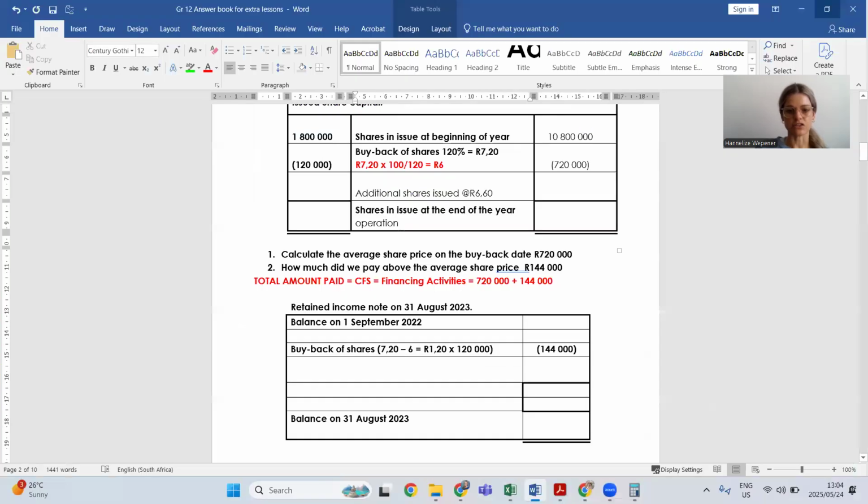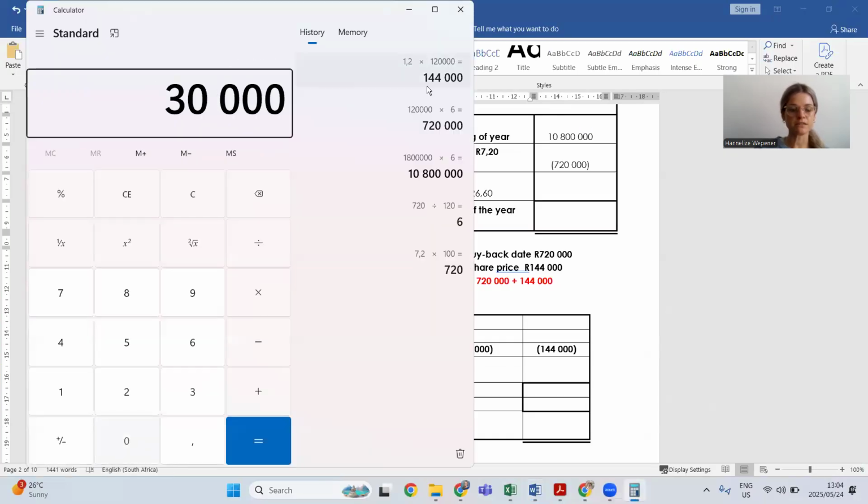Let's do our calculation. So we started off by getting the information that we have 3 million authorized shares, of which we had already issued 1.8 million on day one. So we still have 1.2 million to be able to issue. Remember, it said of the shares available on the 1st of September.